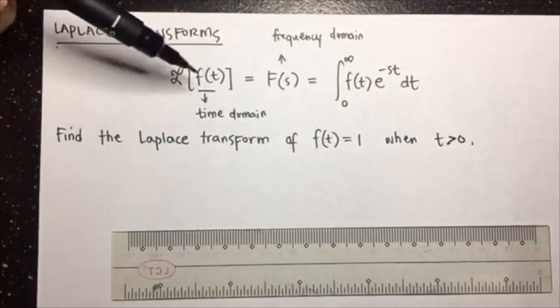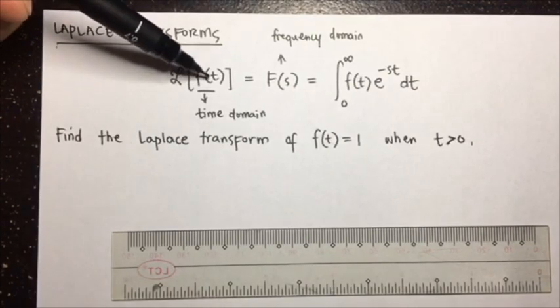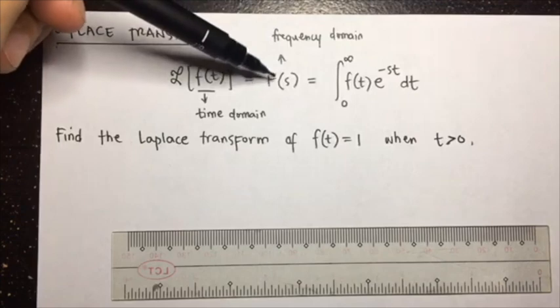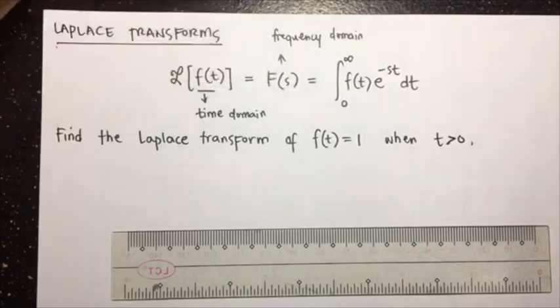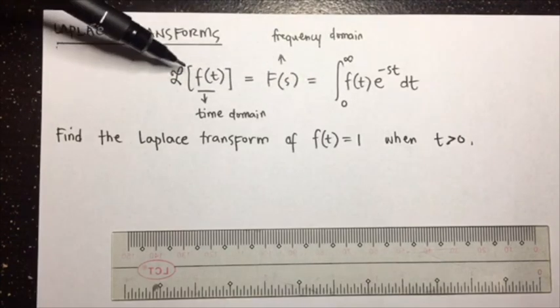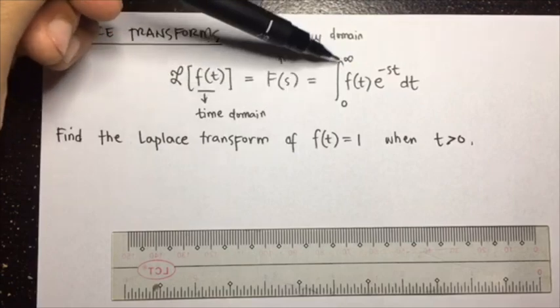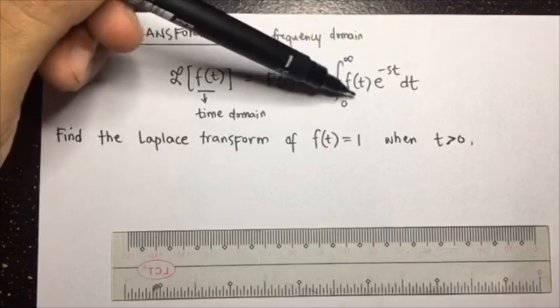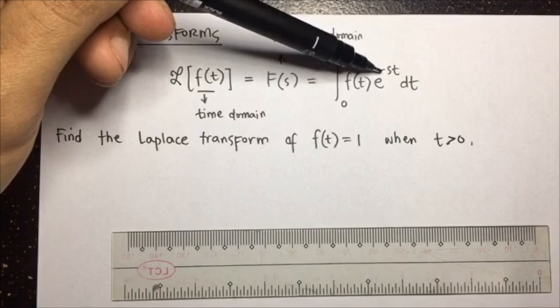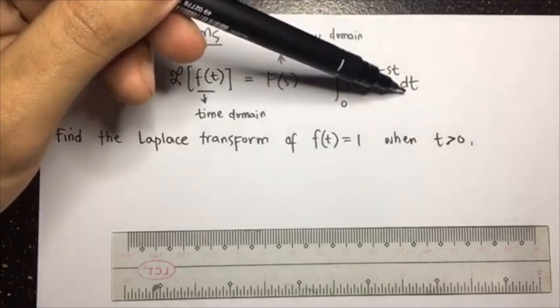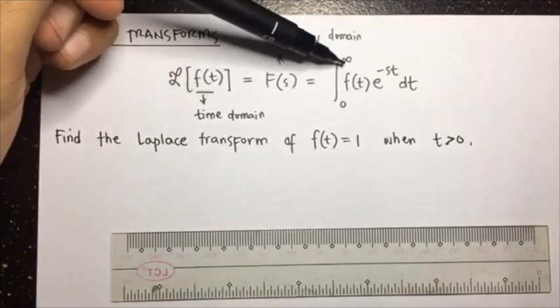So let the function of time be f of t, and then its Laplace transform is F of s with a capital letter F. The Laplace transform means we will integrate the function of time multiplied by e raised to the negative st, dt, from 0 to infinity.